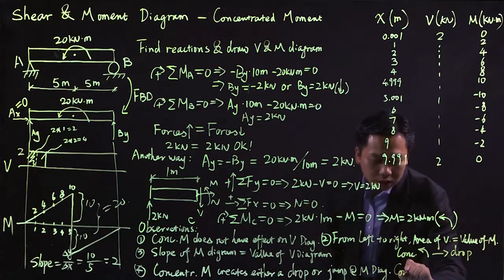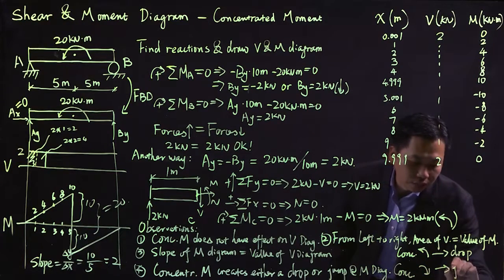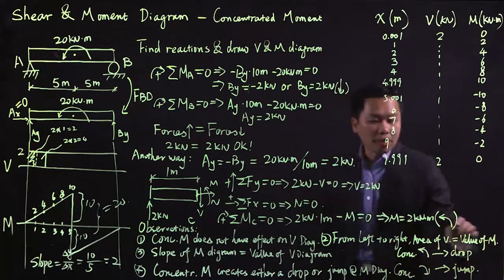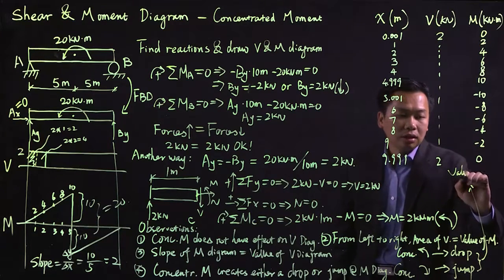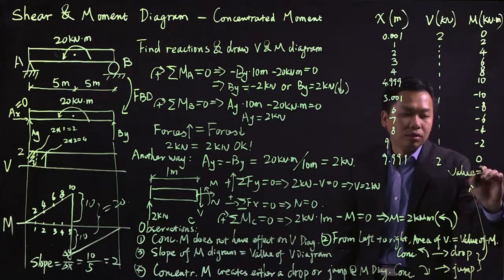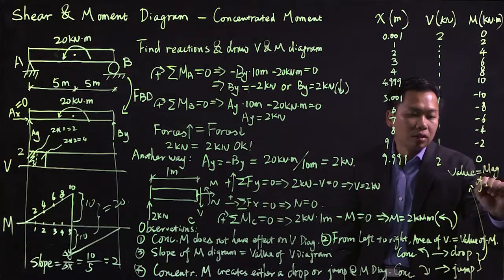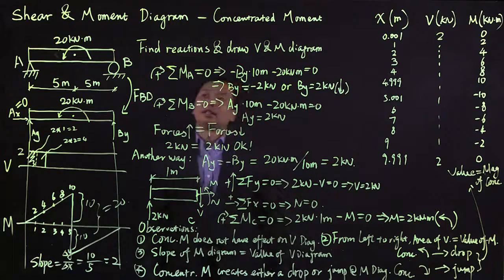If your concentrated moment is clockwise, that is going to be a jump. And the drop or jump is equal to the magnitude of your concentrated moment. Okay, this is the shear and moment diagram under concentrated moments, and I'll see you next time.